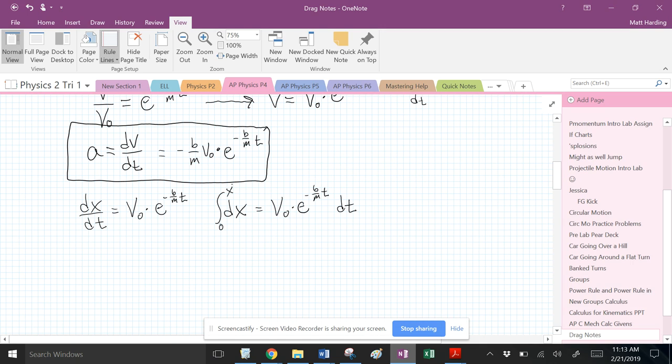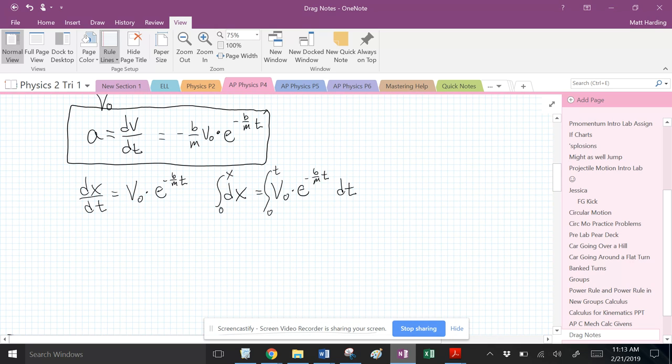This is going to go from 0 to x. We're just saying it starts at position 0 because it doesn't tell us anything else. And we're integrating with respect to time, so it's going to run from 0 to t. On the left side, effectively, that is 1 times x to the 0 dx, and so the integral of that is just going to be x.